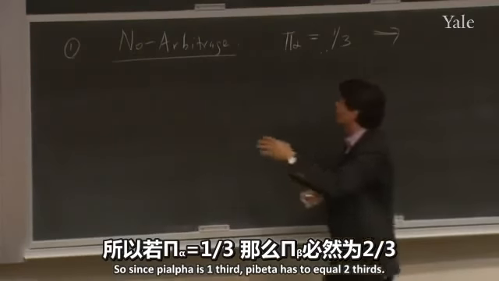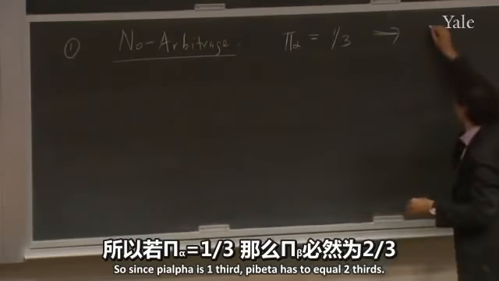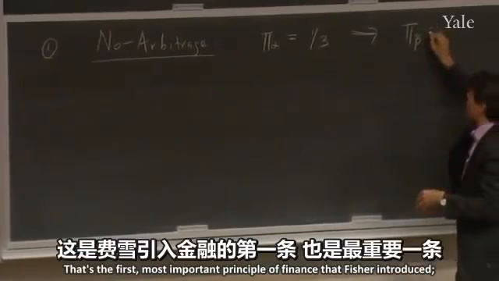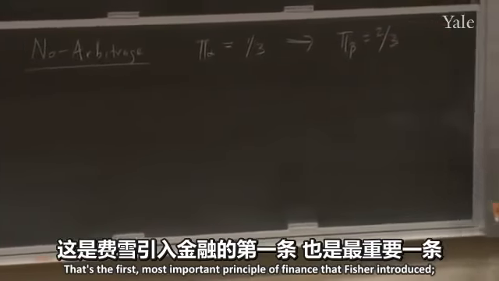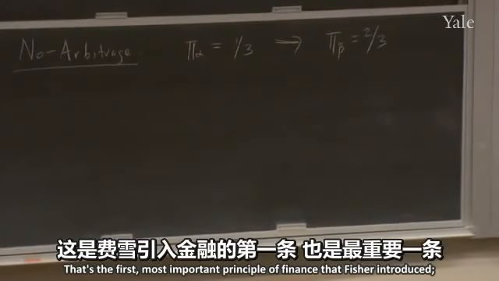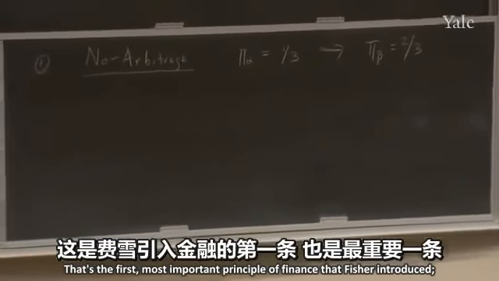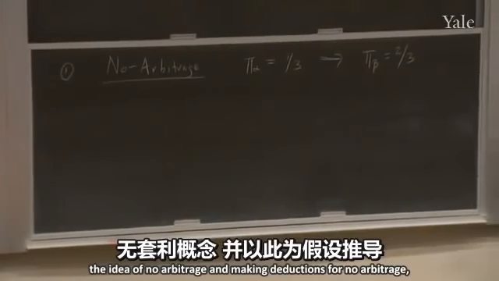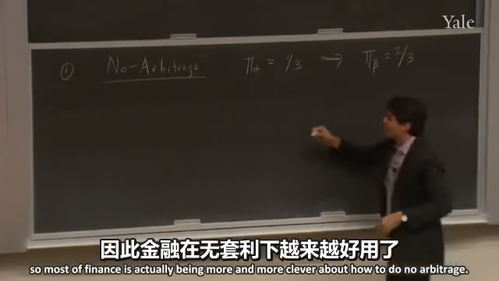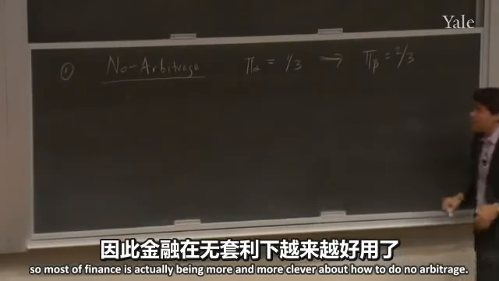So since pi alpha is 1/3, pi beta has to equal 2/3. That's the first most important principle of finance that Fisher introduced, the idea of no arbitrage and making deductions from no arbitrage. So most of finance is actually being more and more clever about how to do no arbitrage.